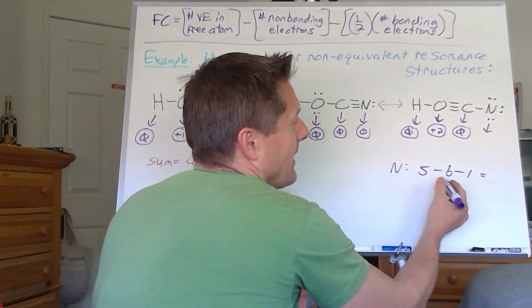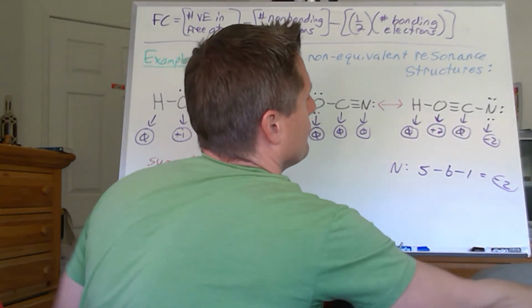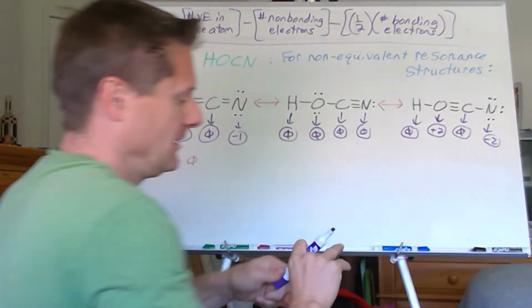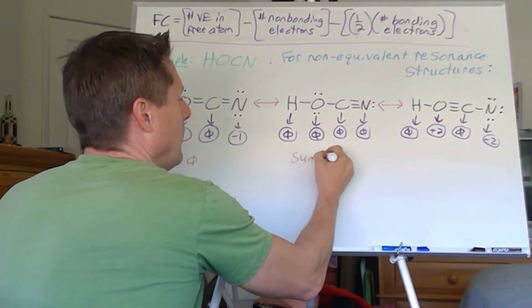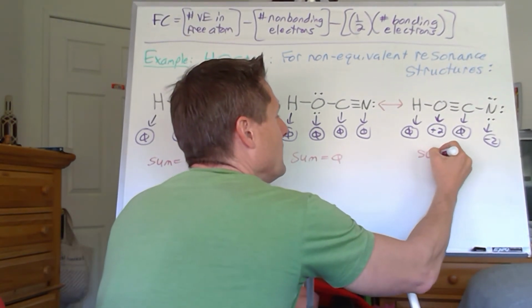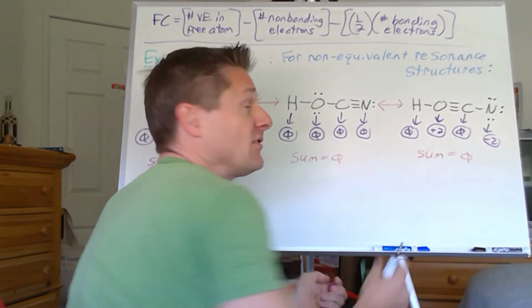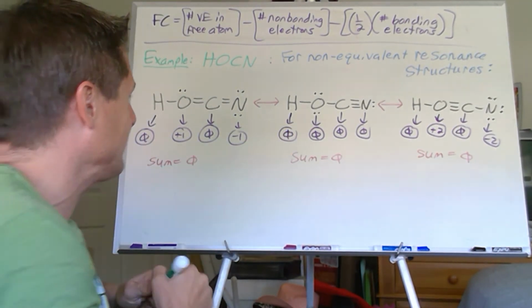So that looks like 5 minus 6, minus 1, looks like a -2. Let's look at the sums. So the sum of this is 0, right? 0 plus 2 plus 0 minus 2, sum equals 0. So they're all valid Lewis structures, but can you see this is the best one?